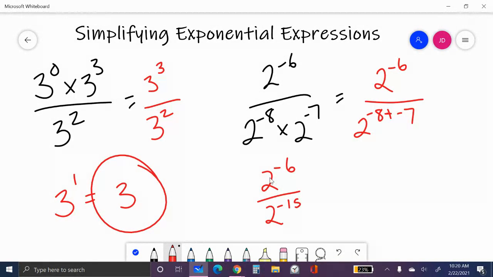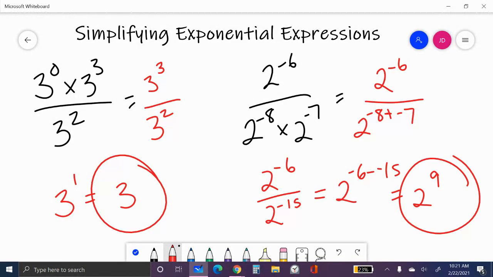So again, we have a fraction where we keep the base and subtract the exponents since we are dividing. So it's 2 to the negative 6 minus negative 15, which is the same thing as adding 15. So negative 6 plus 15 is positive 9. And I don't have to simplify that any further because it's already a positive exponent.